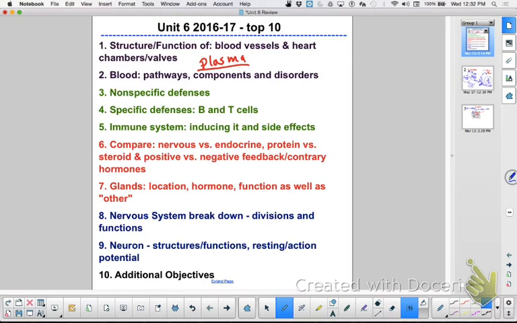Motor neurons. And motor neurons go from your central nervous system to your targets. What are your two targets? Muscles or glands. And sensory neurons do what? Come from your senses to your brain to tell you what's going on.